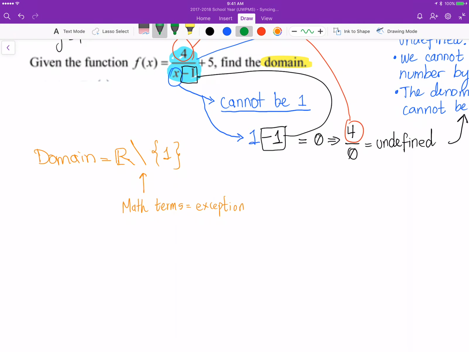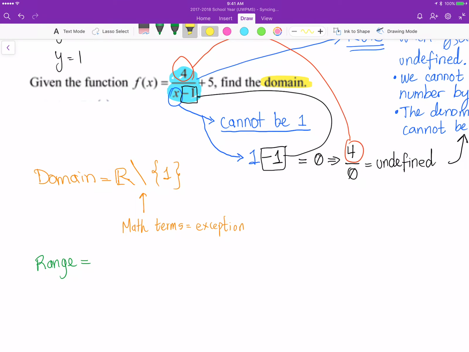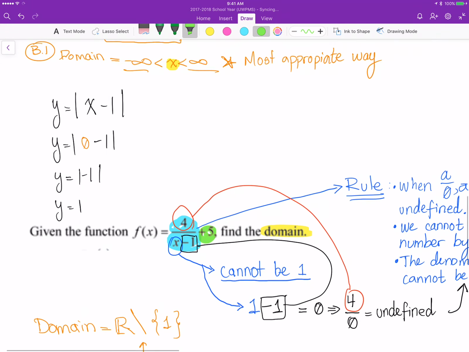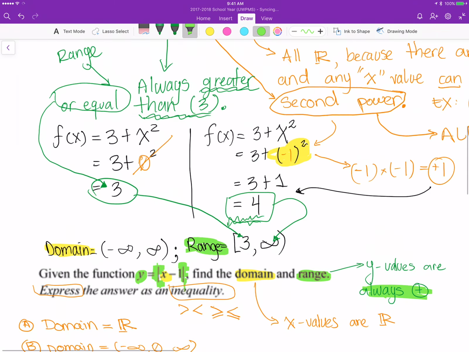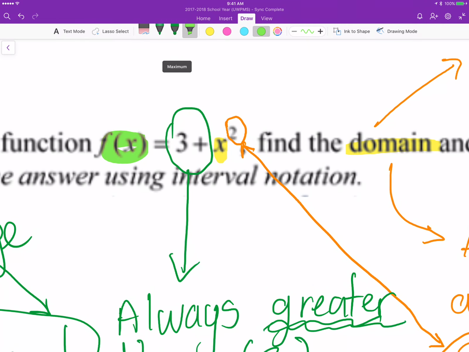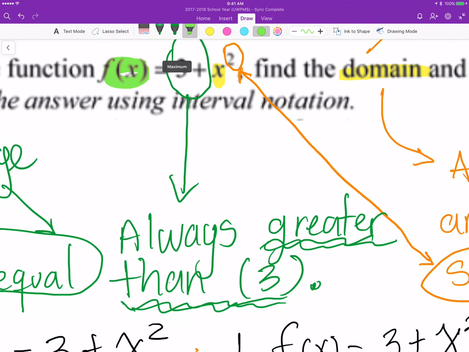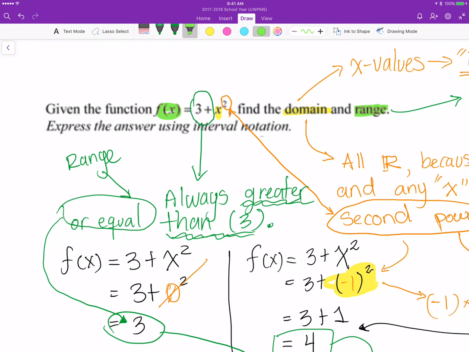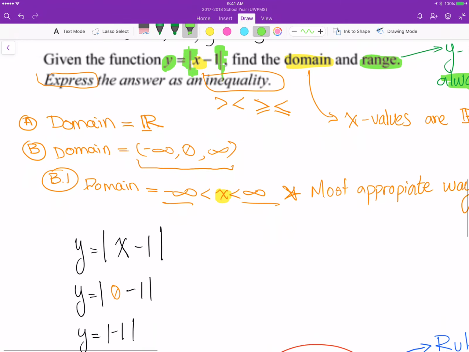In my range, I want you to look at this positive 5. It's very similar to this example right here. It has to be always greater or equal to 5.